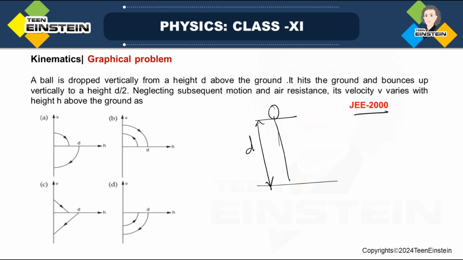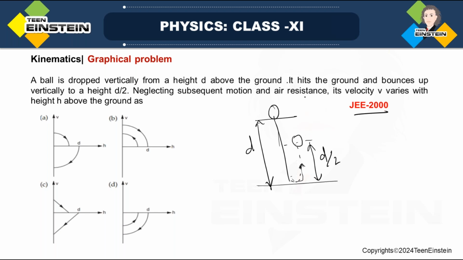So after bouncing, it is not going up to d, it is going up to d by 2, after elastic collision or impact with the floor. So this distance is d by 2.